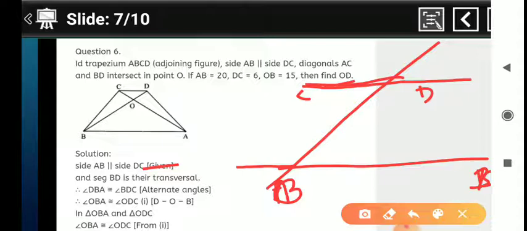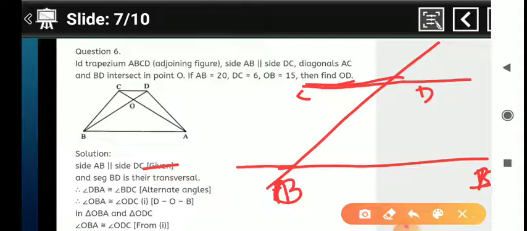In the case of two parallel lines and their transversal, there are pairs of angles: alternate angles, corresponding angles, interior angles. Here a pair of alternate angles is present.